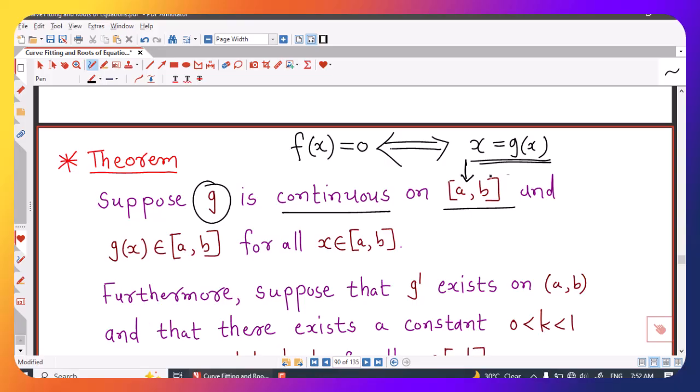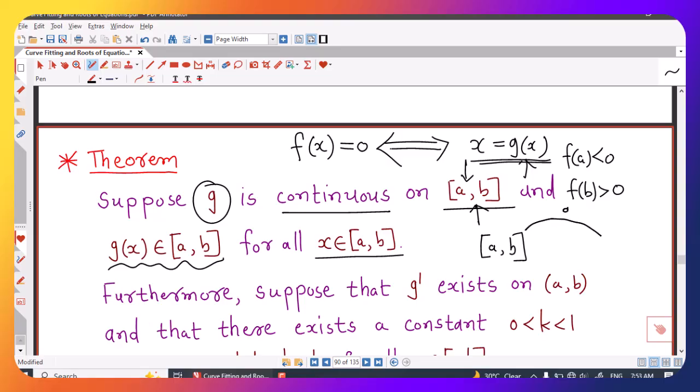This interval can be selected by finding two points a and b for which the function has opposite signs. So this iterative function g must be continuous on [a, b], and we require that the value of g(x) belongs to this interval [a, b] for all x belonging to [a, b]. This means g maps the closed interval [a, b] into itself.